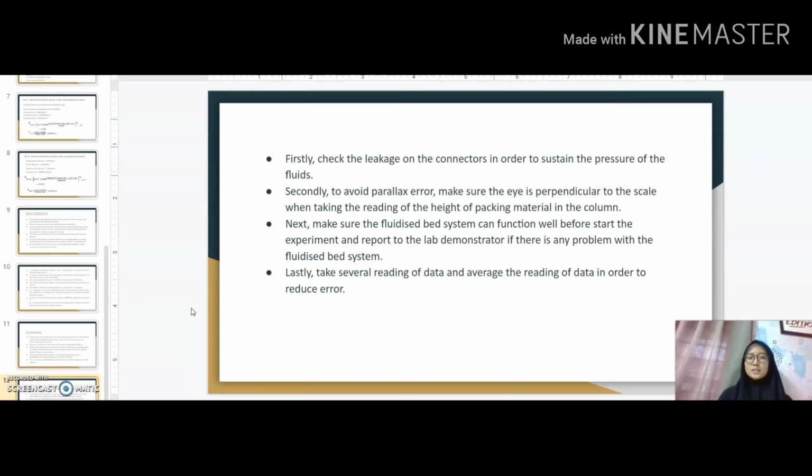Secondly, to avoid parallax error, make sure the eye is perpendicular to the scale when taking the reading of the height of the packing material in the column. Next, make sure the fluidized bed system functions well before starting the experiment and report to the lab demonstrator if there is any problem with it. Lastly, take several readings of data and average them in order to reduce the error.